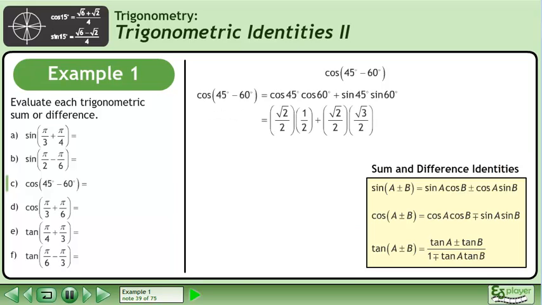Find the exact values of each trigonometric ratio. Multiply the fractions in each term. Add the fractions. We have now found the exact value of cos negative 15 degrees.